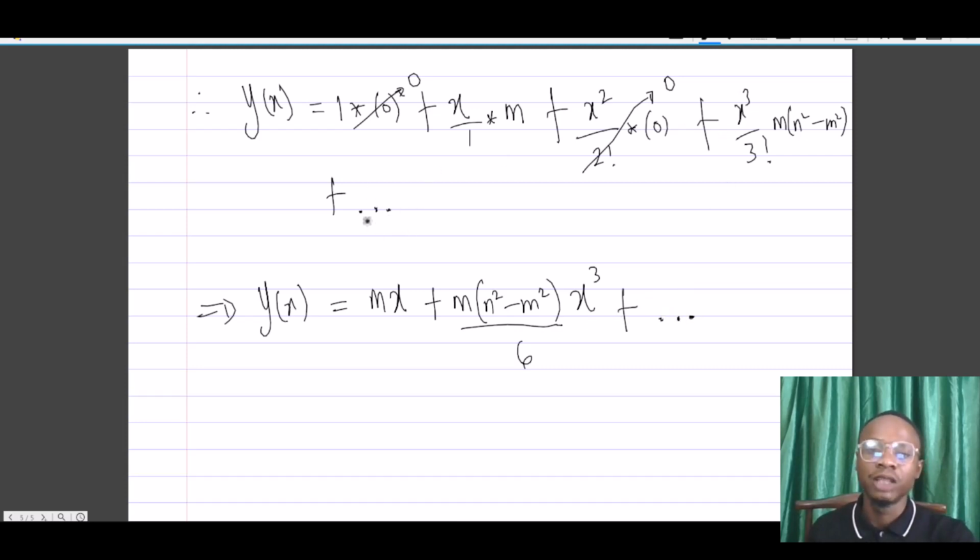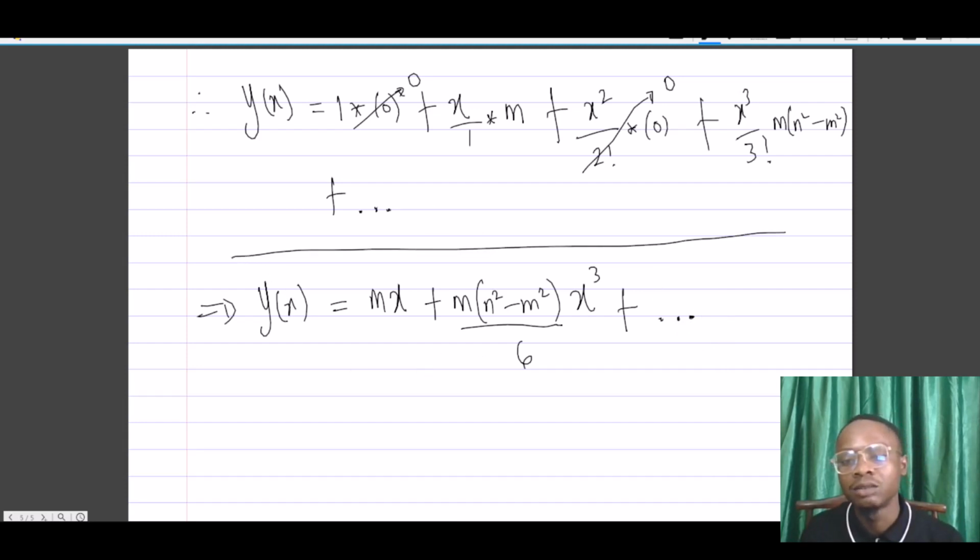We get the fourth derivative, we can use it to get the term corresponding to x to power 4. You can get the term corresponding to x to power 5, x to power 6, and so on and so forth. This is the pattern, and that will be our result for the Maclaurin series expansion of y.